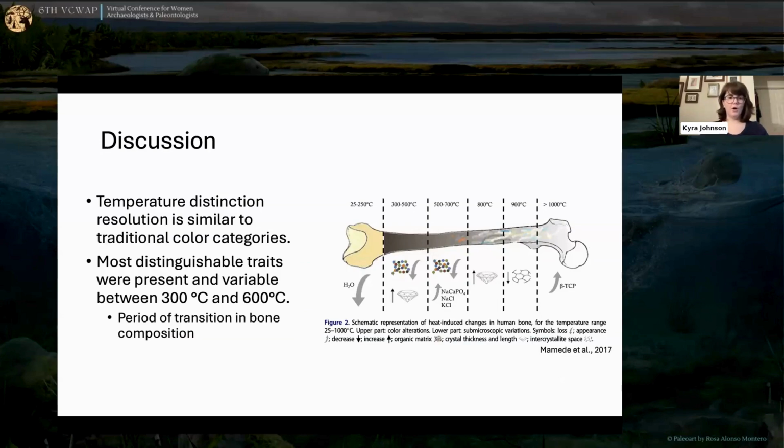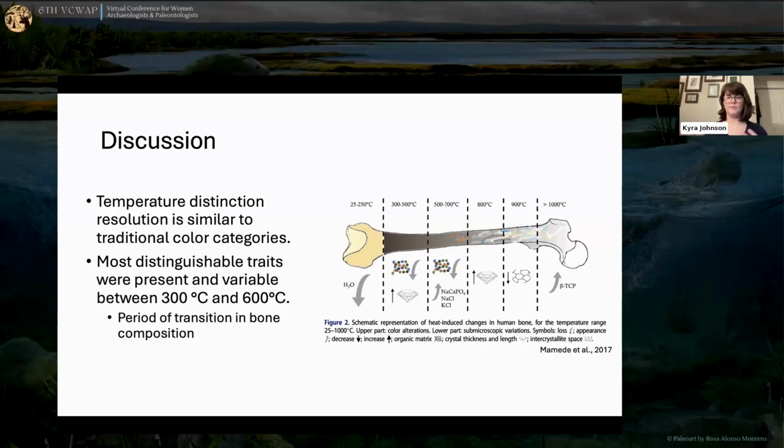So I propose that the reason we're seeing the majority of variation happening in those middle temperatures from 300 to 600 degrees Celsius is because of the dramatic change in composition that is happening during these temperatures. As you can see in this figure on the slide, this temperature range is an incredibly important period for changes in the organic composition of the bone.